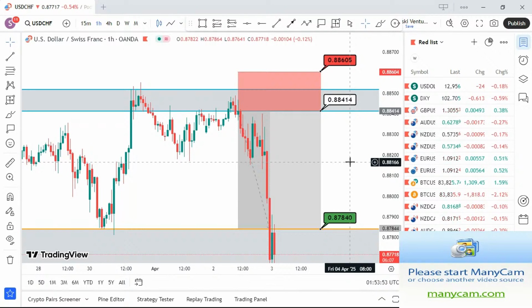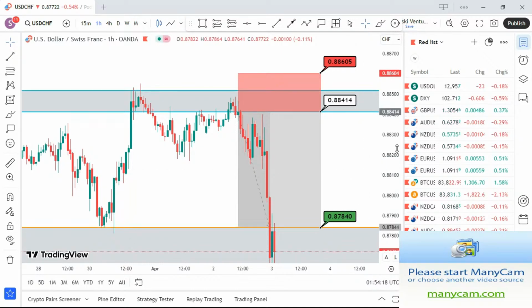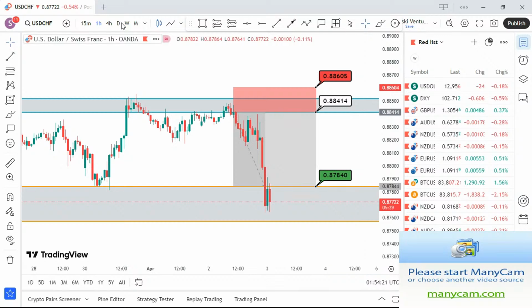Last week was massive, but this week is even more massive than last week. The week hasn't ended yet, but this week was massive. Last week we caught pips like mad, but this week, damn, the pips just blow your mind. But this is what we do.